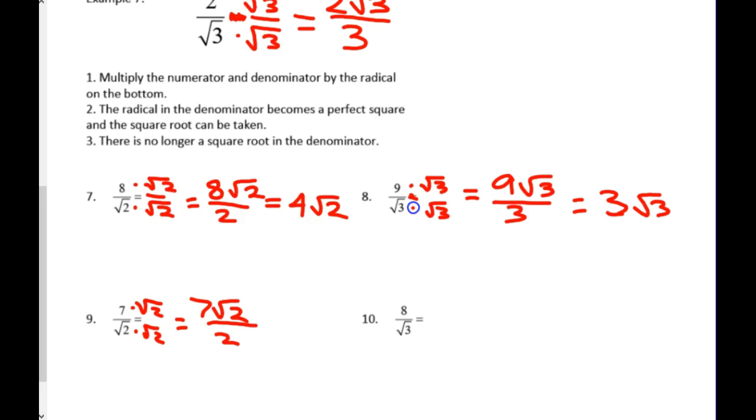Mr. OKC, you know how to do this? Sure? So explain to me the last one. What do I multiply by? Good. All right. On top and bottom. On top, what do I get? 8 times square root of 3? What do I get? Eight square root of 3.